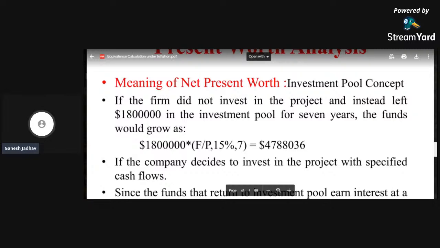With the calculator you have to calculate 1 plus i raised to n, okay. So this is the formula. We can calculate the future value: F is equal to P into (1 plus i) raised to n.